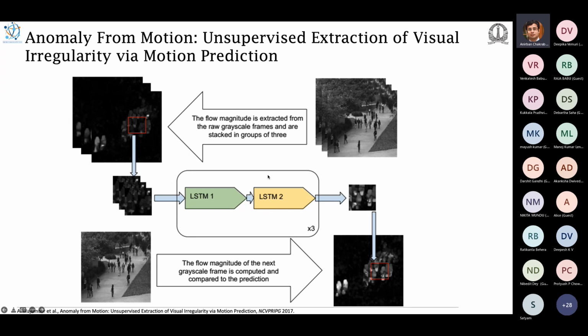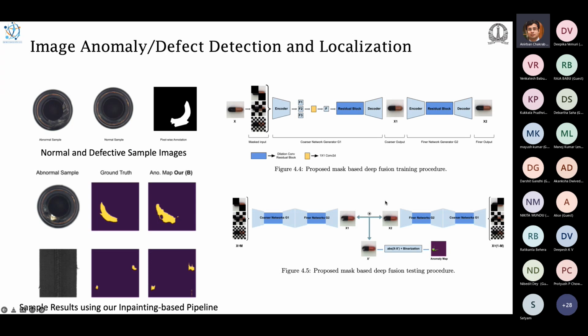So we train our model on normal events and then deploy it on streaming videos and classify anomalous or abnormal events. This was done in collaboration with VCL. Another area which could be of interest is the same anomaly detection but on images. This has application in, let's say, industrial quality control.